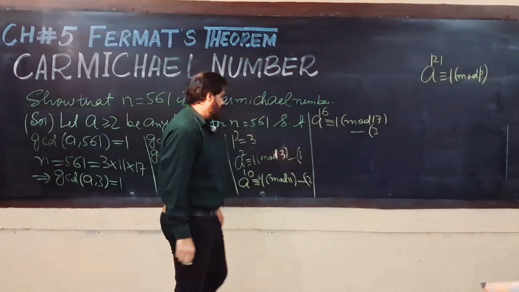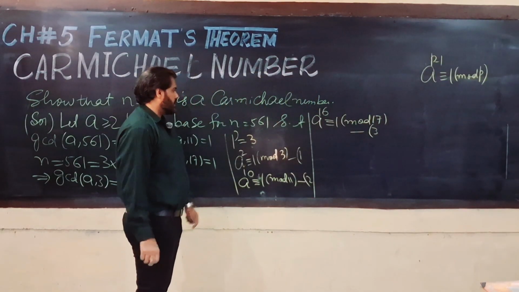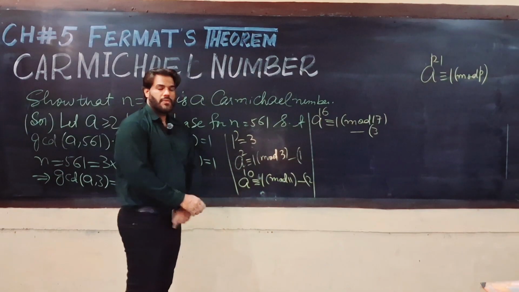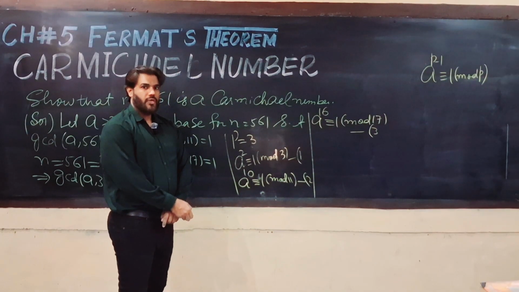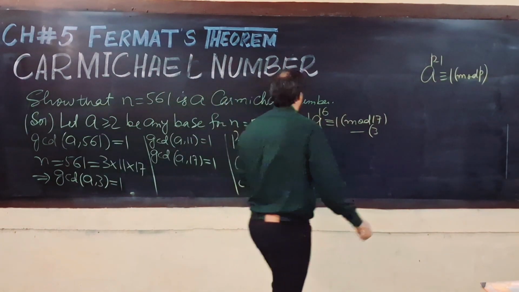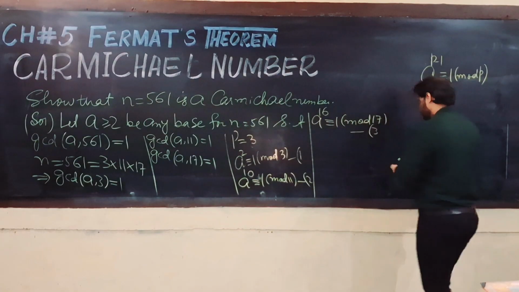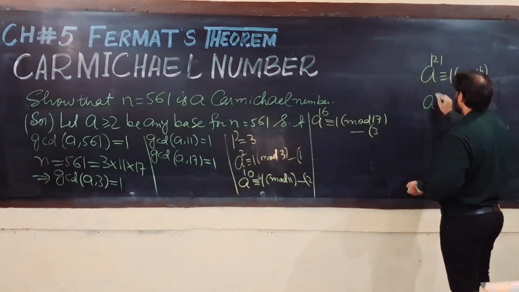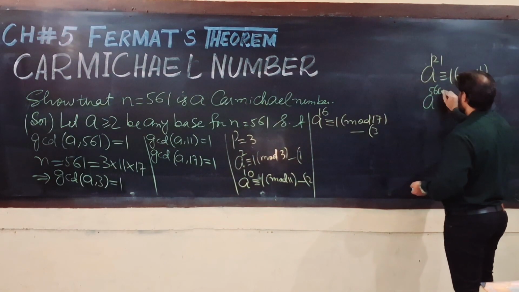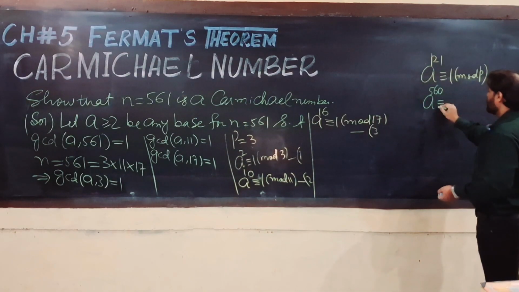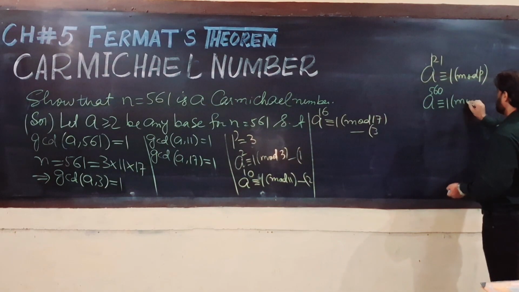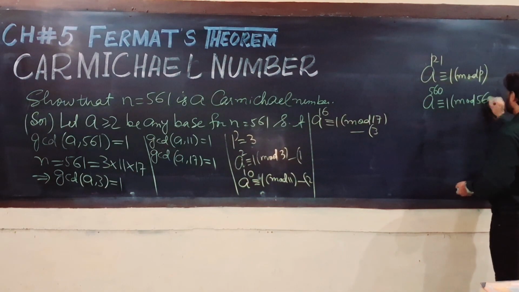I have to show that n equal to 561 is a pseudoprime for any base. So for this I will show that a raised to power 560 is congruent to 1 modulo 561. This is my target.